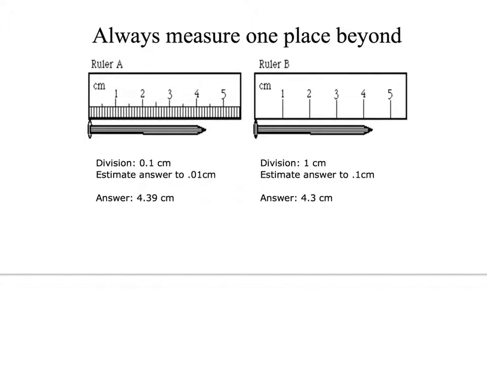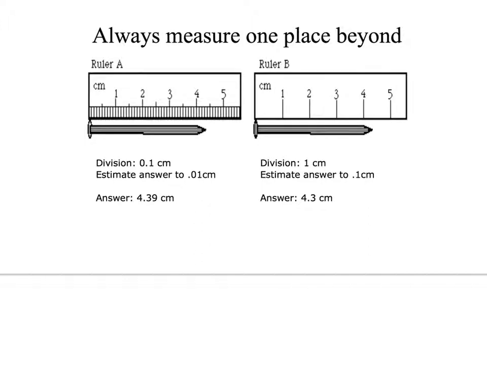So with ruler A, we can see both the ones place and the tenths place. So our measurement must include one additional place value. So we have the 4 for the ones place, 3 for the tenths place, and an estimate of 0.9 for the hundredths place. Now, again, that last digit can vary because it's an estimate.